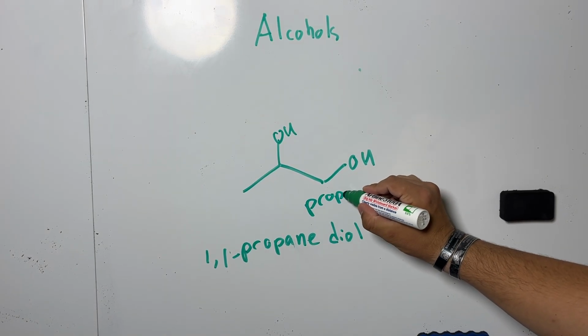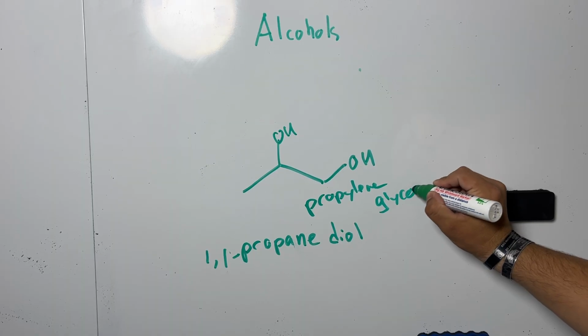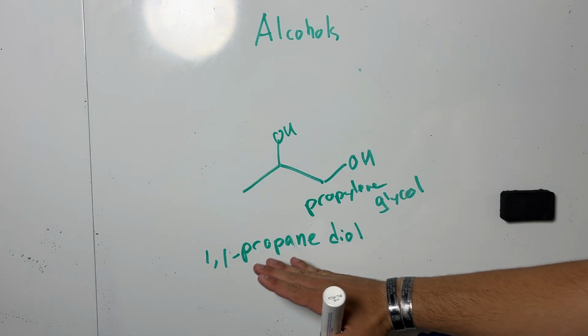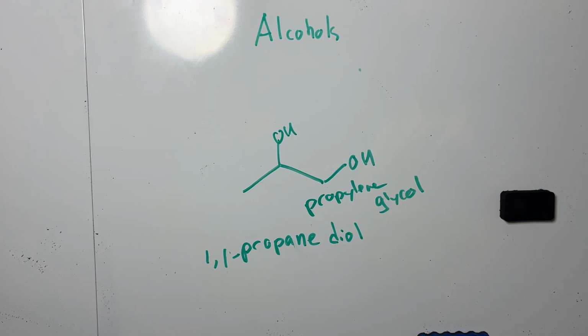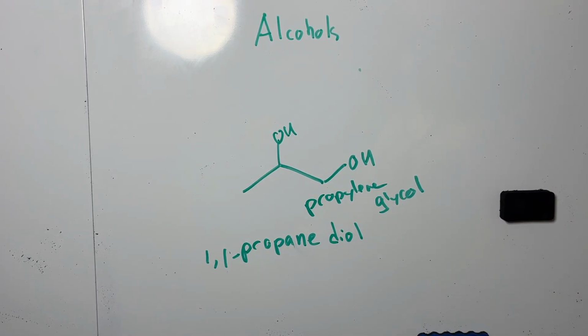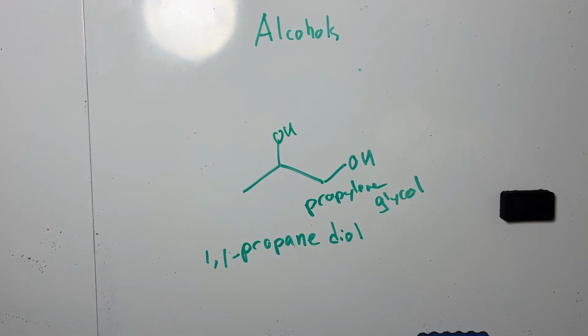Glycols are usually coolants, I believe, in real life. Generally, though, I don't think most professors ask you to know the glycol name. It's up to your professor. I don't know your professor, only you do, so make sure you know that. But for these, just go with the diol name if you're not sure.